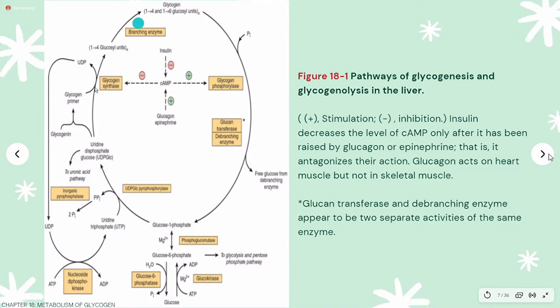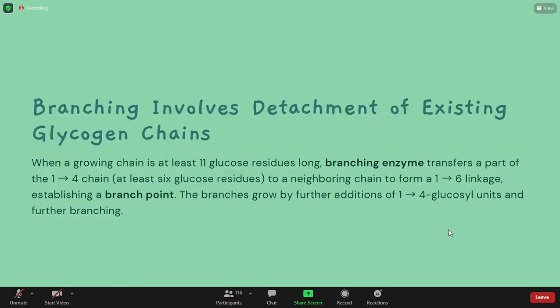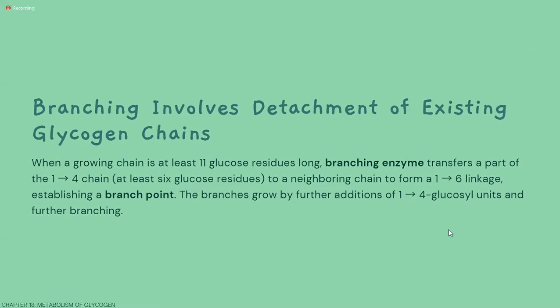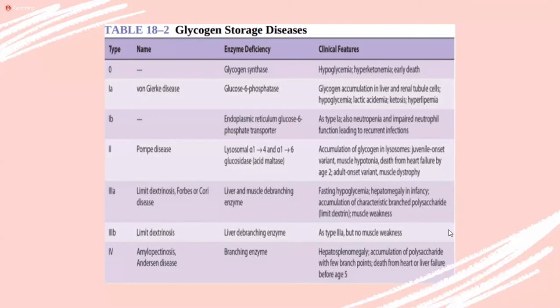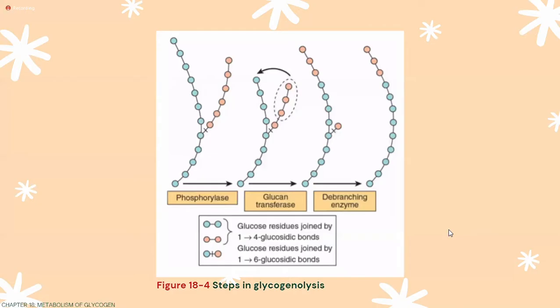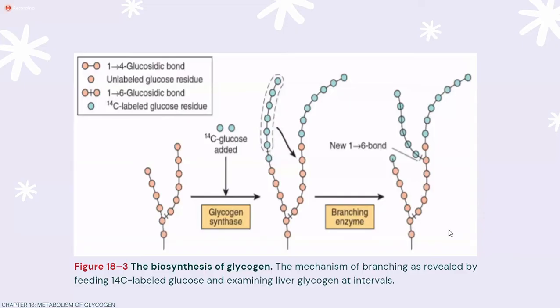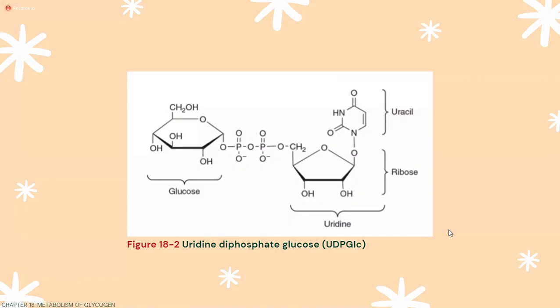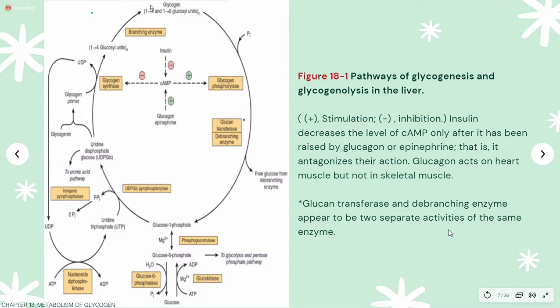And if that continues, okay. So if there is a continuous supply of glucose, it will always stored as glycogen.